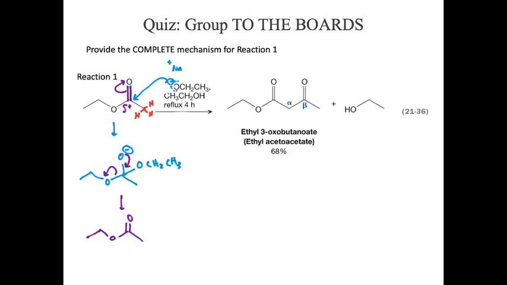The base that is used for the Claisen reaction must be the same as the ester part of our ester. Because if it is not the same, then this nucleophilic addition also happens. That complicates the amount of products we get at the end. Make sense? Okay, so yes, that could happen.